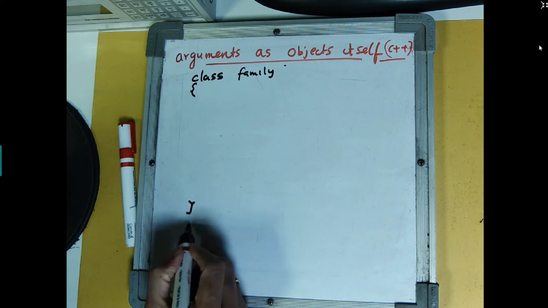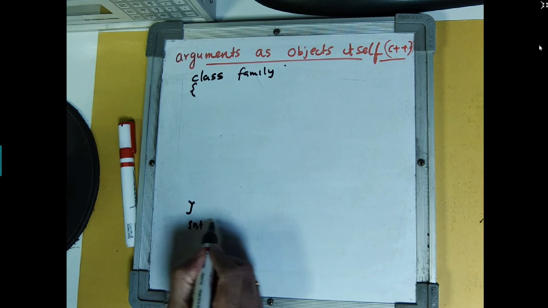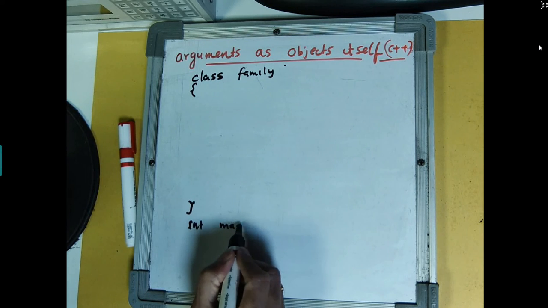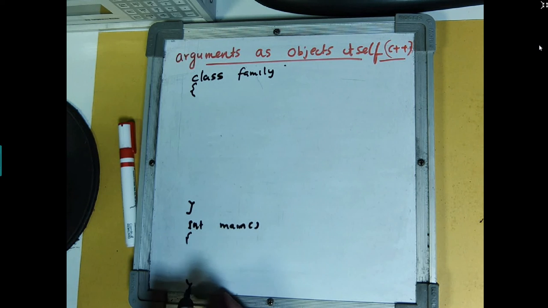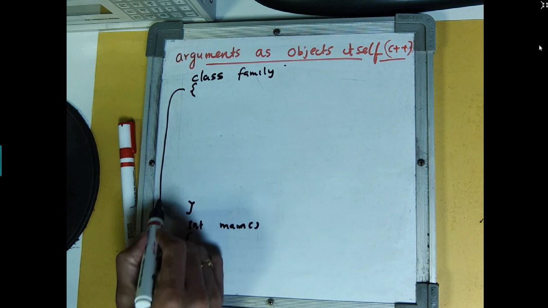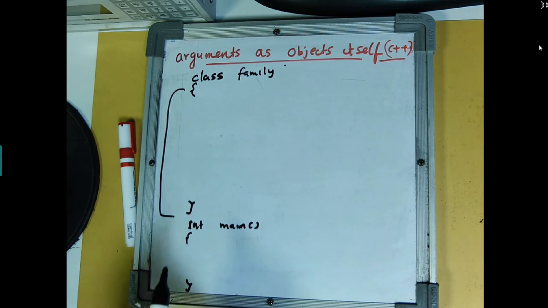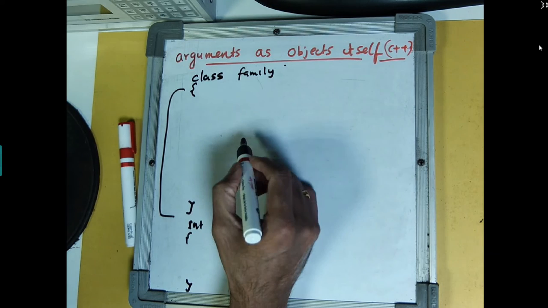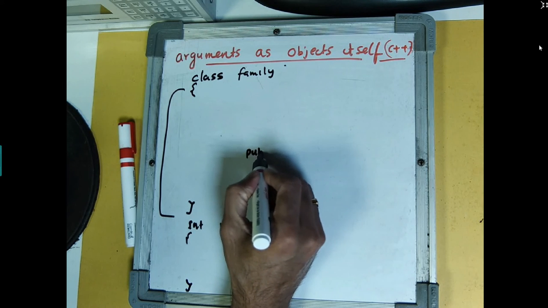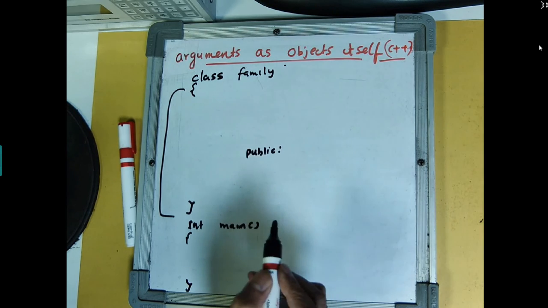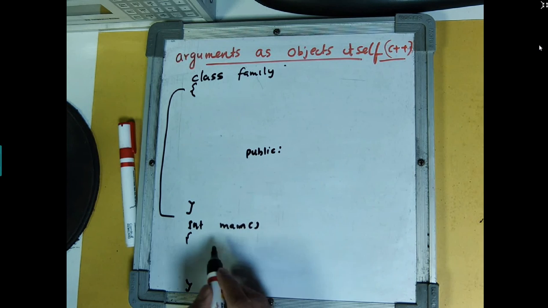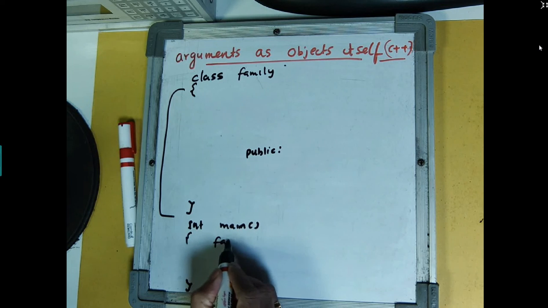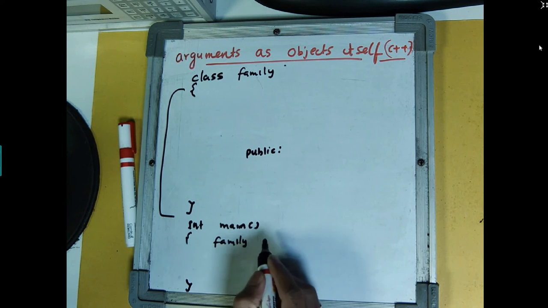As we discussed, whatever we write in the class is not available to the main function, as this is totally available to the class family, unless you have some public variables which are allowed to be accessed by, let's say, family first.